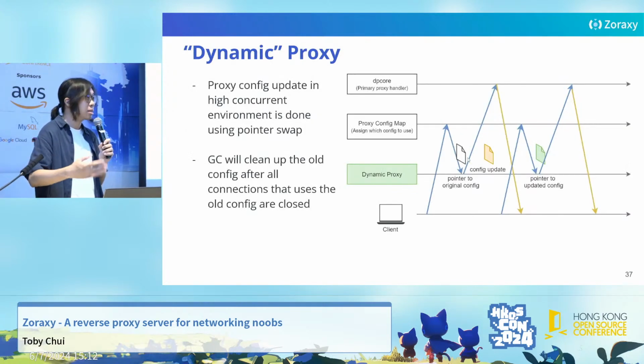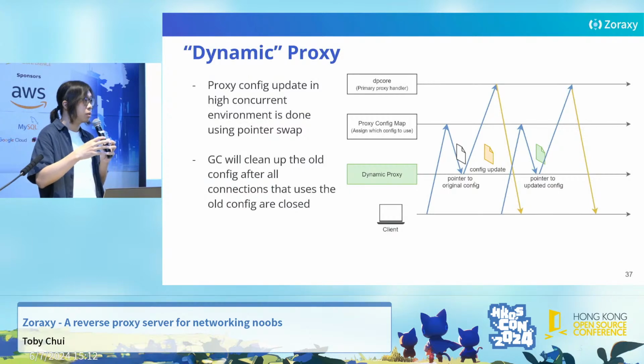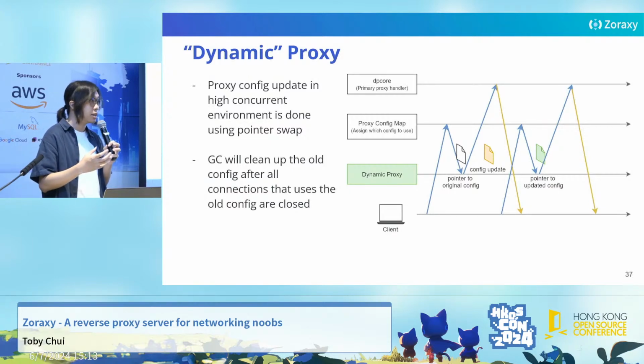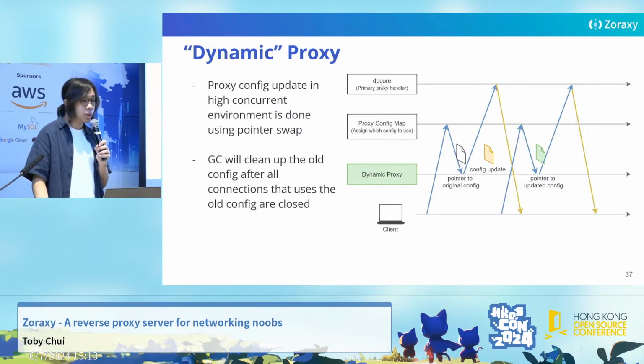I tried to simplify as much as possible here as well, but in simple words, what we actually do is this: because reverse proxy is really high concurrency and low latency software, right? There are a lot of requests coming in every second, and in order to make it hot reloadable, we use pointer swap techniques to swap the configuration and separate the abstractions of the reverse proxy logic into two layers. So dynamic proxy gives you a configuration on how this request should be routed, and the DP core is where the actual proxy logic is handled.